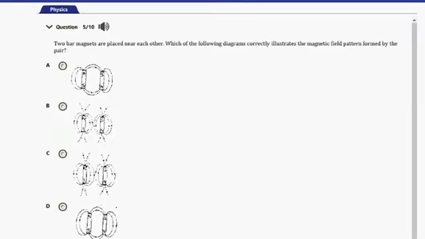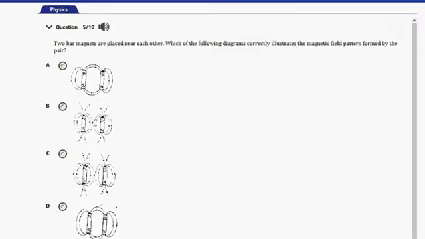It says, 2 bar magnets are placed near each other. Which of the following diagrams correctly illustrates the magnetic field pattern formed by the pair? Alright, so we have here these diagrams as the options. You'll notice that the magnetic field pattern that will be formed here will be such as illustrated in option D here. So option D is the answer to this question.